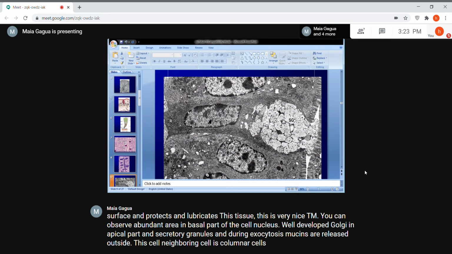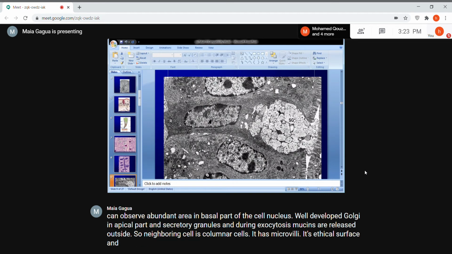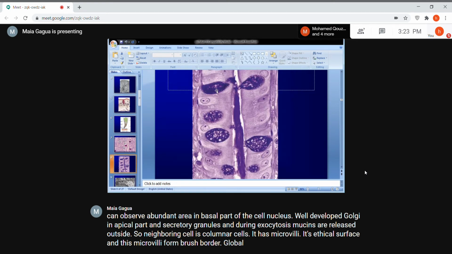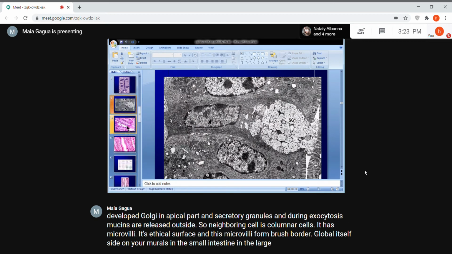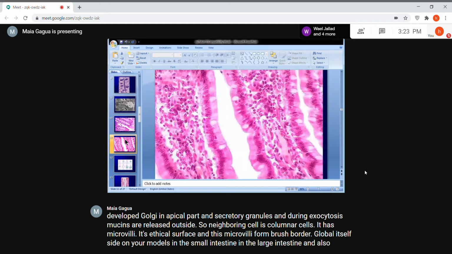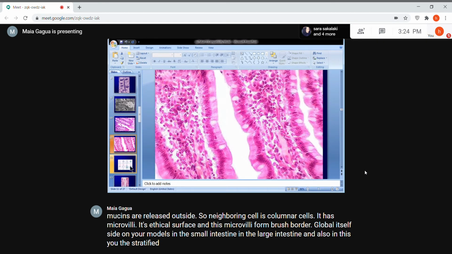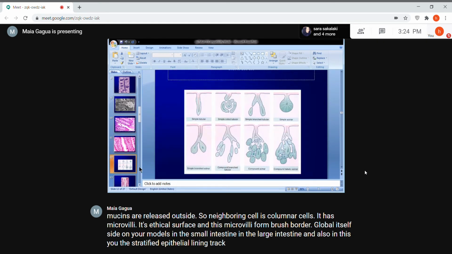It has microvilli at the apical surface, and these microvilli form the brush border. Goblet cells are numerous in the small intestine, in the large intestine, and also in the pseudostratified epithelium lining trachea and bronchi.